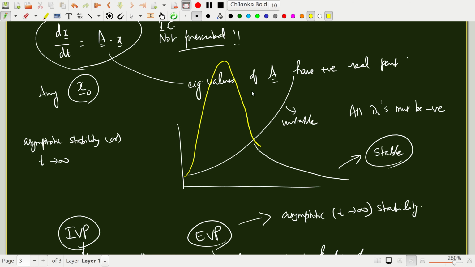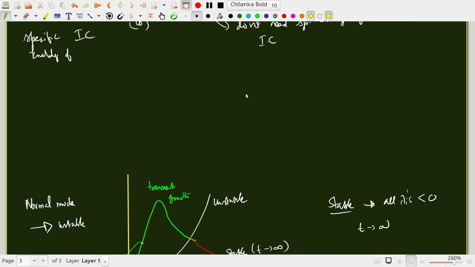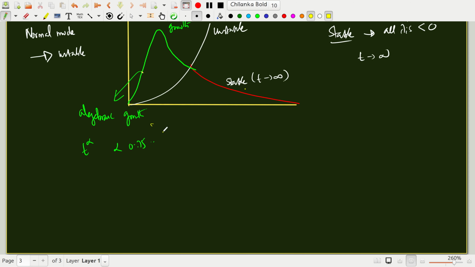So this non-normal transient growth occurs because of superposition of eigenfunctions. Okay, because of superposition of eigenfunctions, even though all individual modes decay exponentially as time t goes to infinity, some modes, whose eigenvalues are not satisfied by, okay, I beg your pardon.